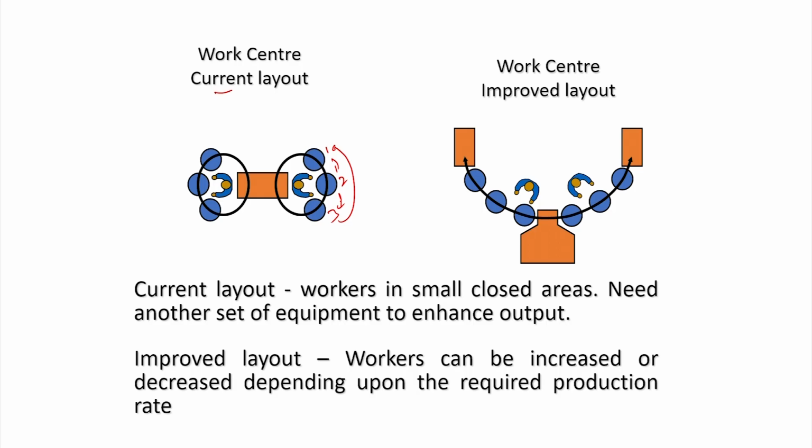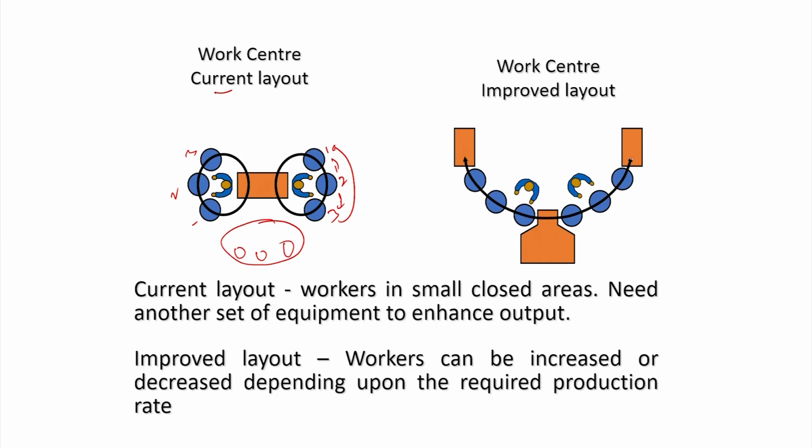Similarly, this fellow has 3 activities to be performed. He is performing that at a place for the component, and he is assembling it, or it can be some other fabrication task. Now, if you want to increase the production, you have to add one more worker here, and only then can you increase the production.